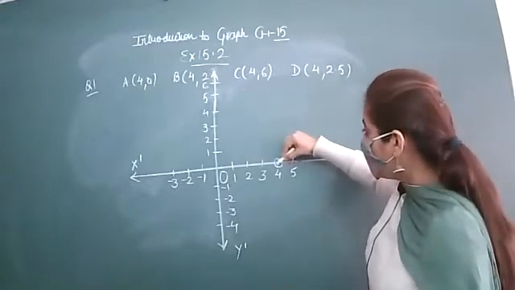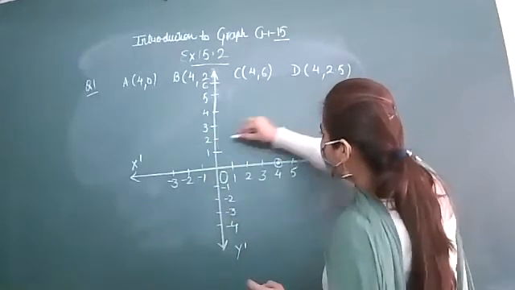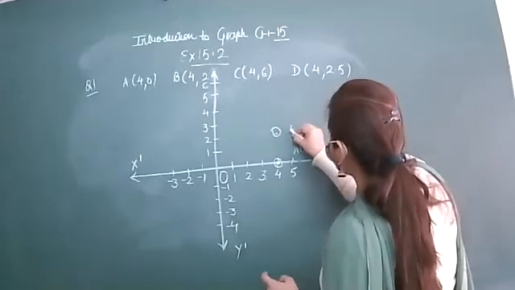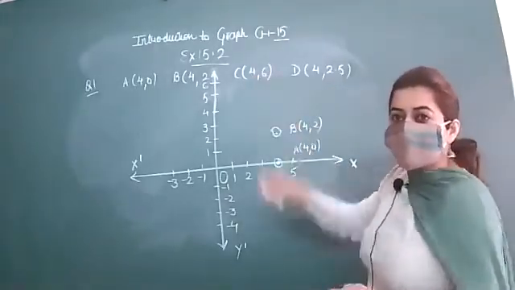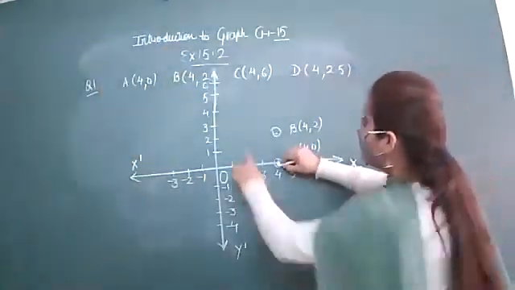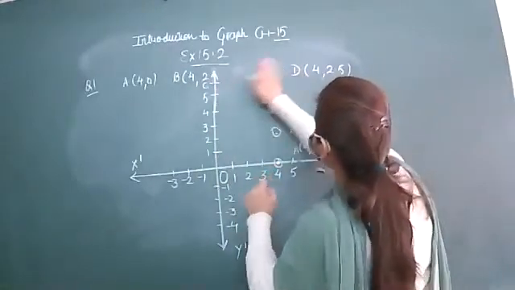Next is (4, 2). X is 4, y is 2. So, the point will intersect here. This is your B (4, 2). Next is (4, 6). X 4, y 6. They will lie here.